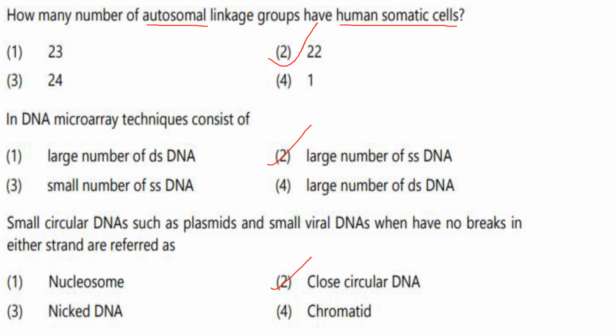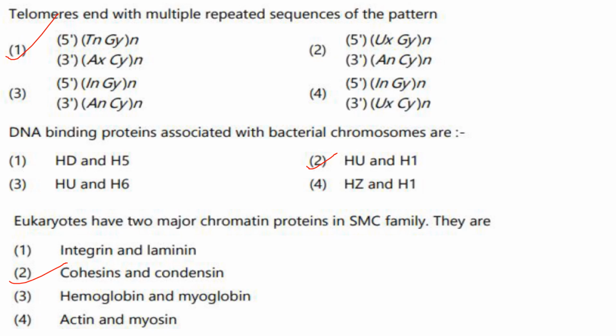Chromatid, everybody knows, is one of the two identical sister strands of DNA joined at the centromere part of a chromosome. That is called a chromatid. Then next one. Telomeres end with multiple repeated sequence of the pattern.